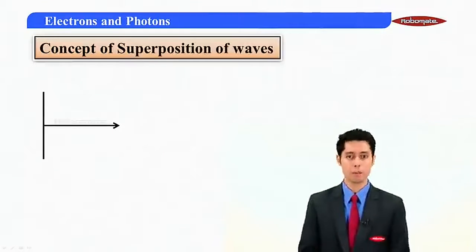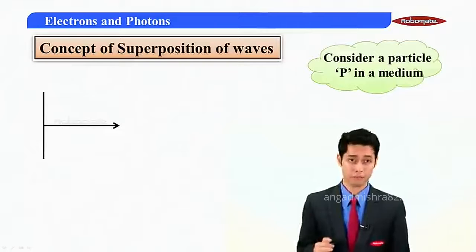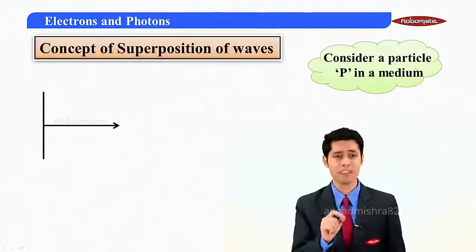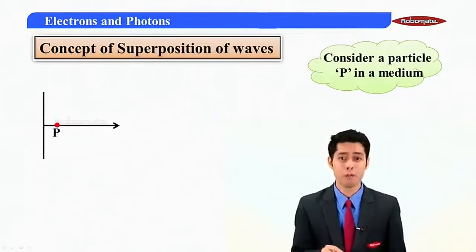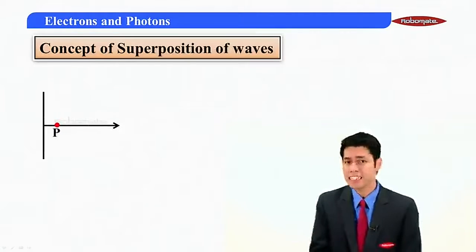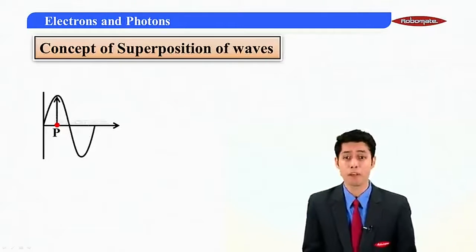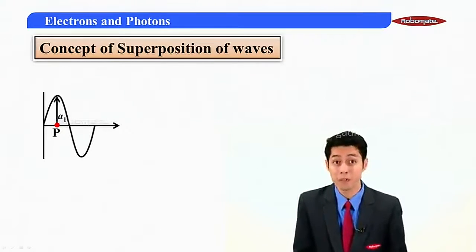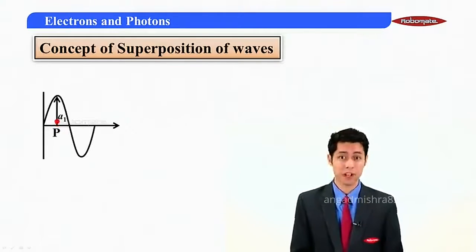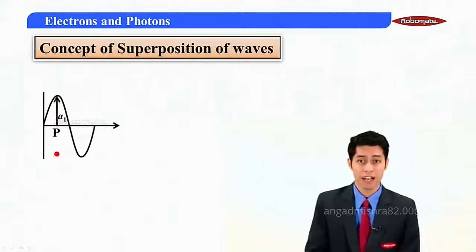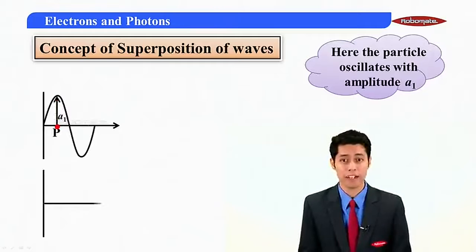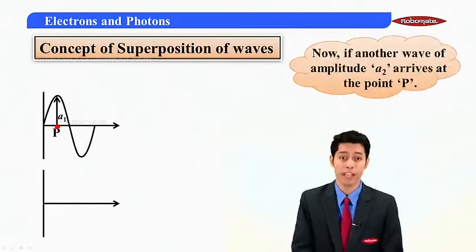To understand superposition, let me consider a wave. Any wave will always have a particle which performs oscillatory motion. In this case, there is a particle performing oscillatory motion with an amplitude A1. You can also have another wave arriving at the same point having its amplitude A2.